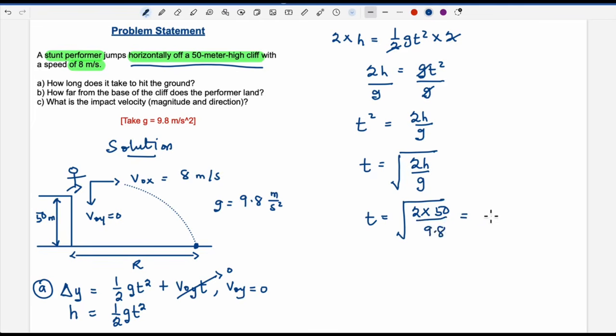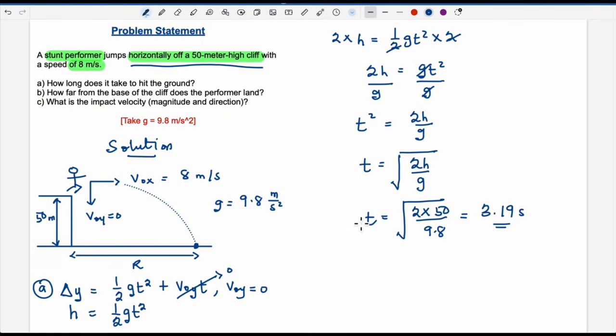And this is going to give us about 3.19 seconds. So the first part of this problem is solved, because it says we should find how long it takes to hit the ground. How long does it take this stunt performer to hit the ground? We just found out that it is going to take him 3.19 seconds.